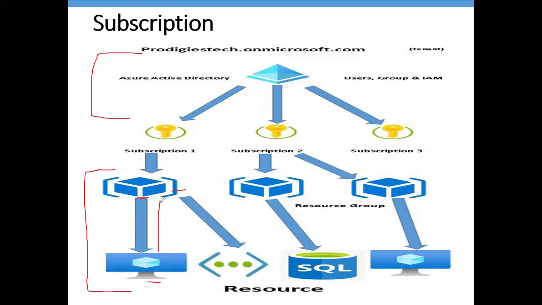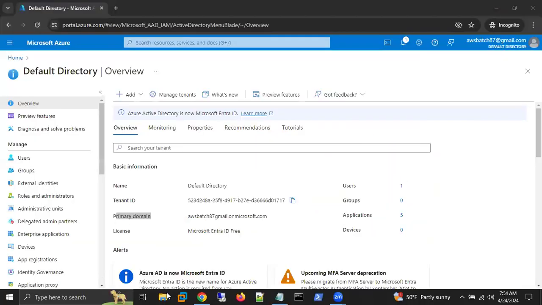First we learn how to create a resource group, and once we learn that, we start learning how to create a virtual machine. So we'll start our first service called virtual machine.